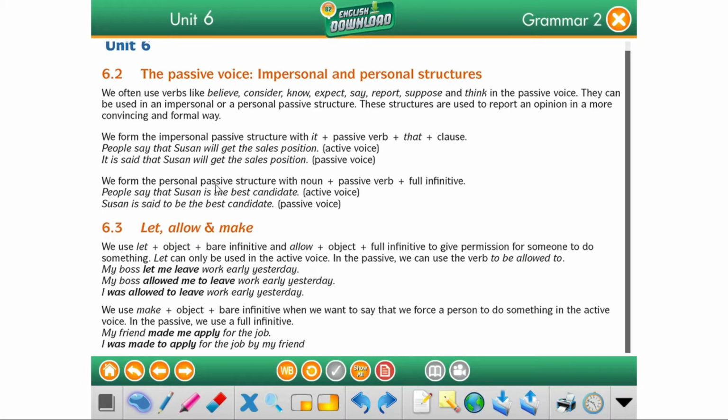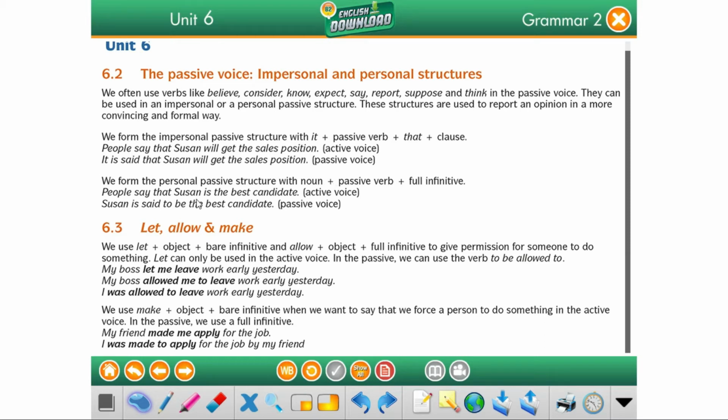To make the personal passive structure, we use a noun, the verb in past participle, and a full infinitive. Remember that a full infinitive is the verb with the preposition to. This is my active sentence: people say that Susan is the best candidate. To make it passive, we start with a noun.